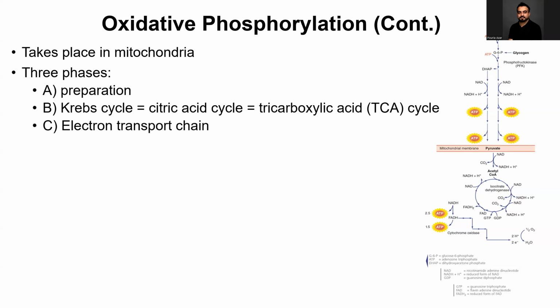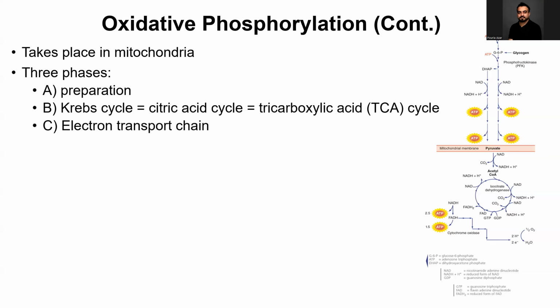The reason why we also call it the citric acid cycle is that citric acid is the name of the compound that is produced by the Krebs cycle.